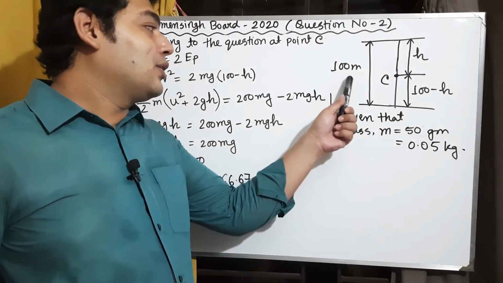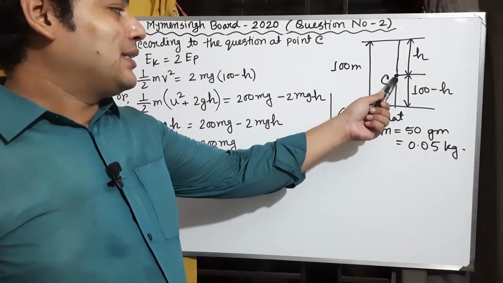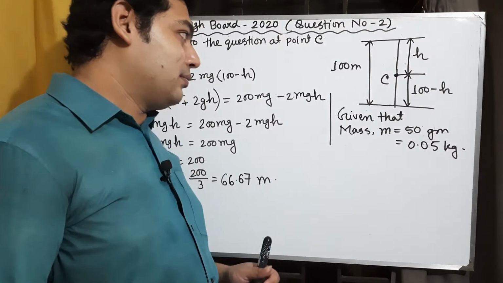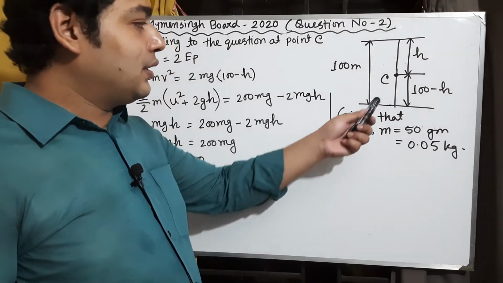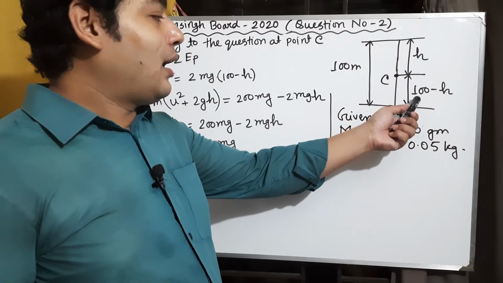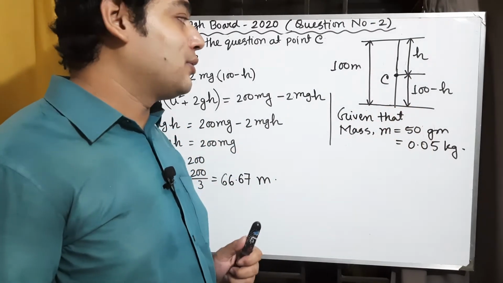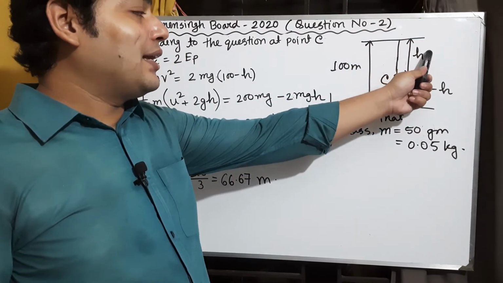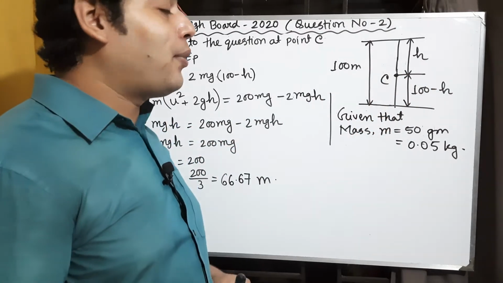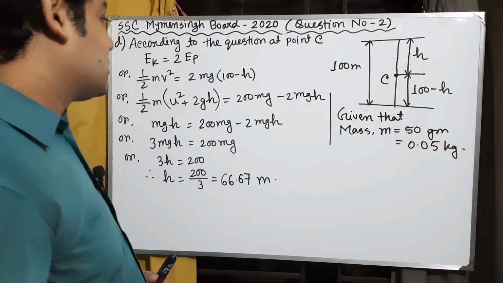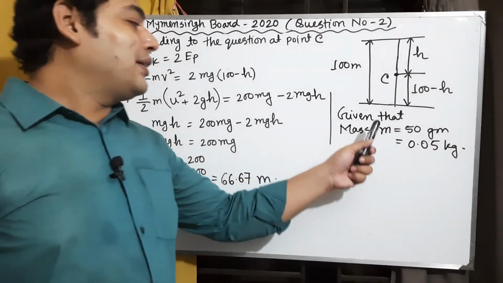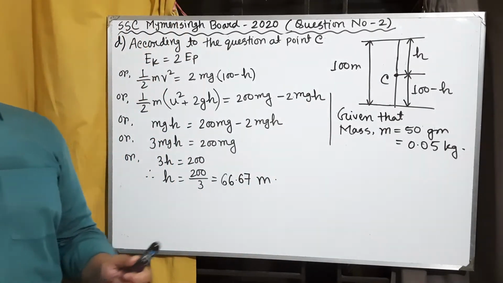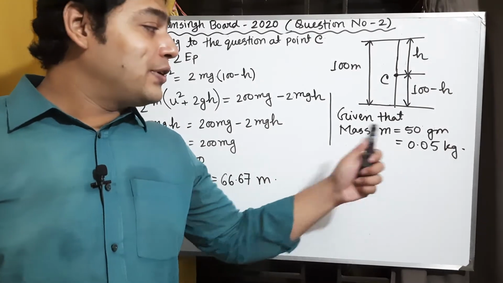This is our figure, and here this is our point C. Point C is situated at a height of 100 minus h from the ground, and the object travels a height h to reach point C. Given that the total height is 100 meter, and the mass of the object m equals 50 gram.